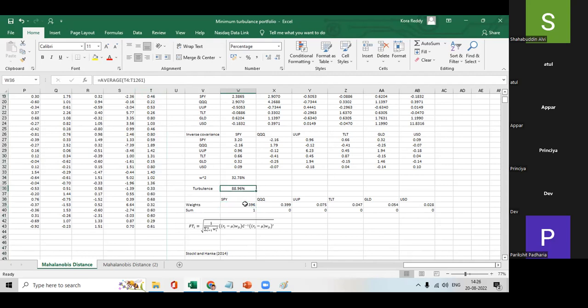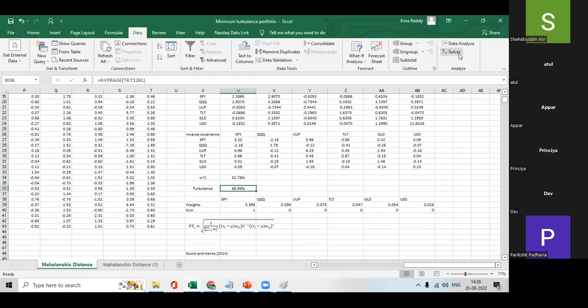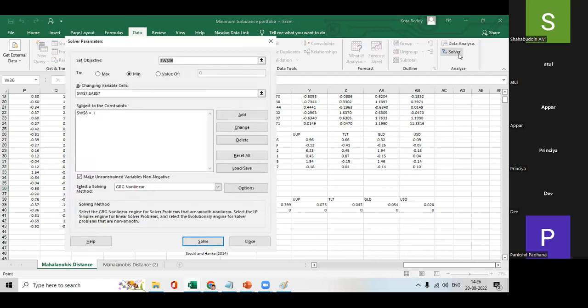And then you are solving for lower turbulence by changing the weights. W36, which is the turbulence, needs to be lower by changing weights. The constraint is the sum has to be 1.